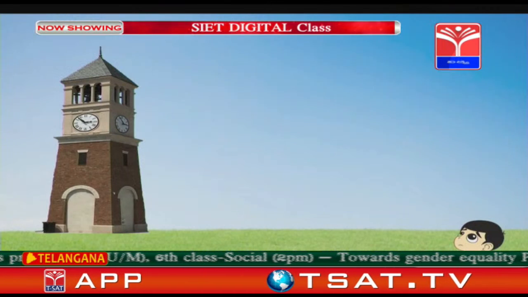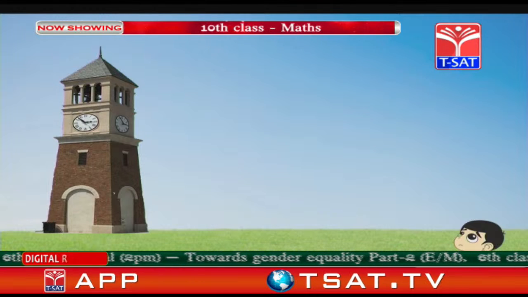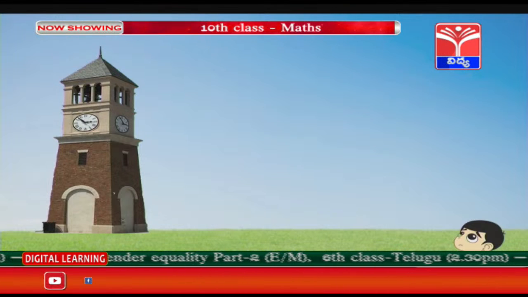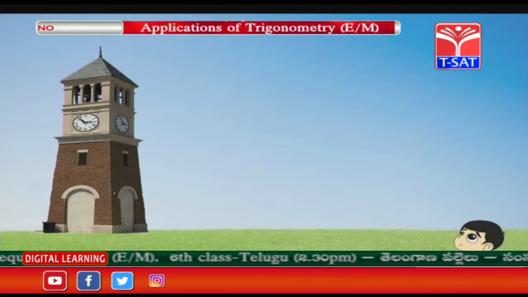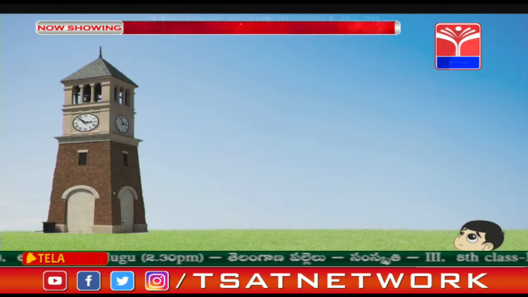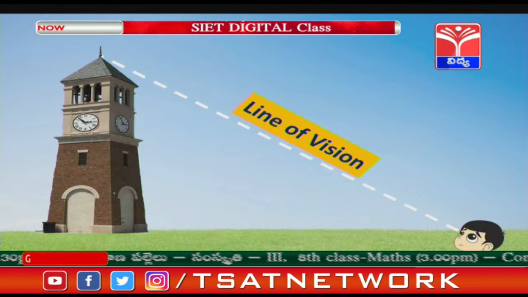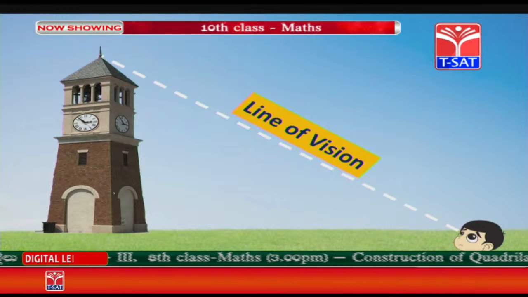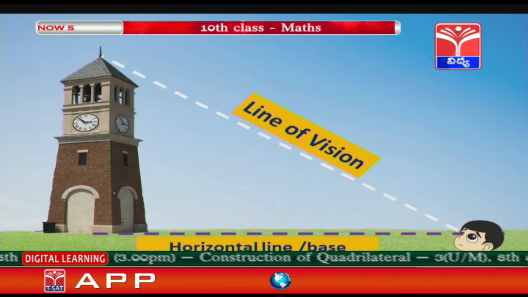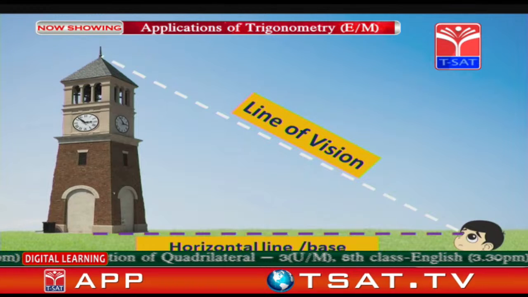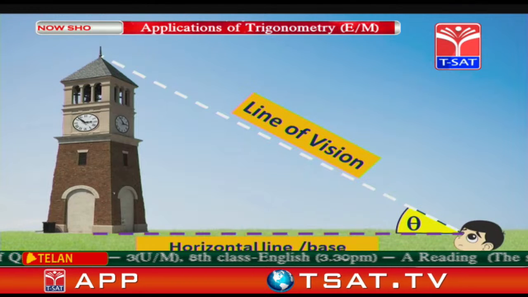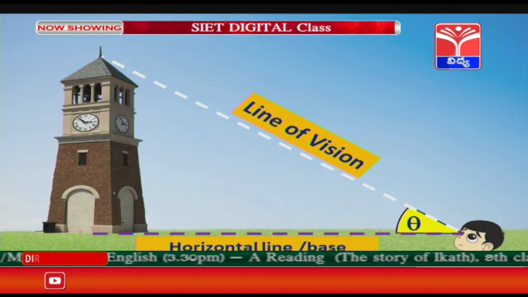Now, there is a watch tower. A child is watching the tower from somewhere far from it. Now he is watching it, same again, line of vision. What do you call this? Horizontal line, or we can call it the base. The angle between the line of vision and the horizontal line is how much here?